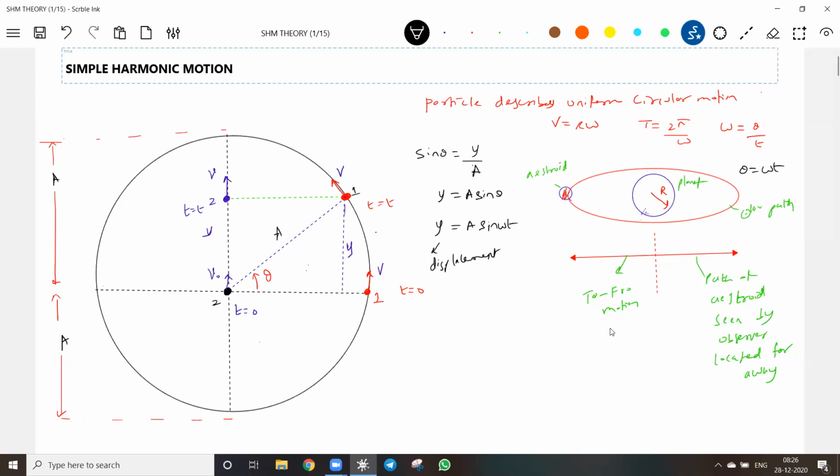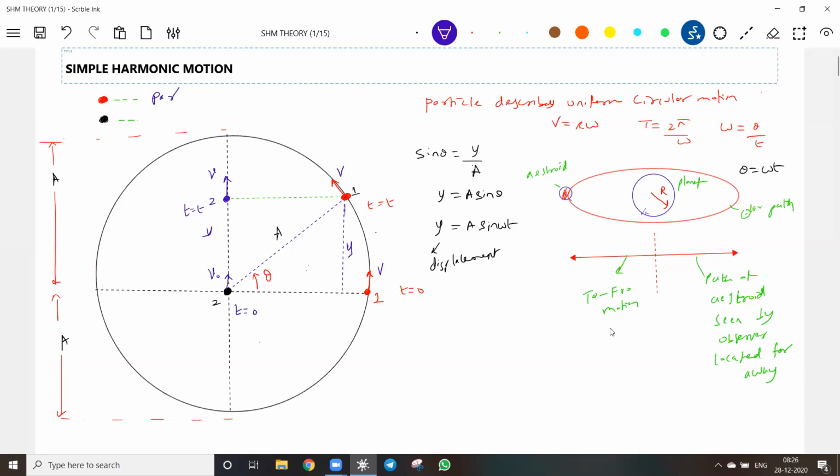Then by the time the particle reaches here, it will have the projection, particle 2. Actually this is the particle, and 2 is a projection. Somebody is asking, sir, why have you picked up two particles?